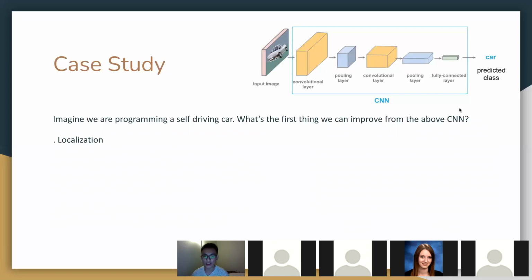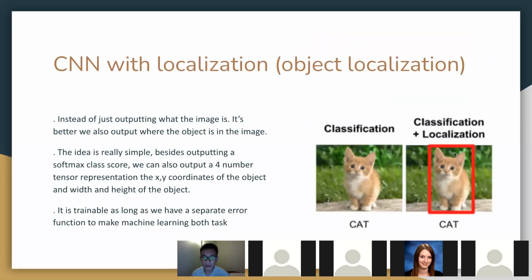The only thing you have to change is the error function, because when we output probability, usually we use softmax as the error function. We basically maximize the softmax. But for the regression, usually we use least squares. But that's some advanced stuff. Basically, just know that the only thing we have to do is add another error function to help improve the localization output. It's really trainable as long as we have a separate error function, as you can see over here.